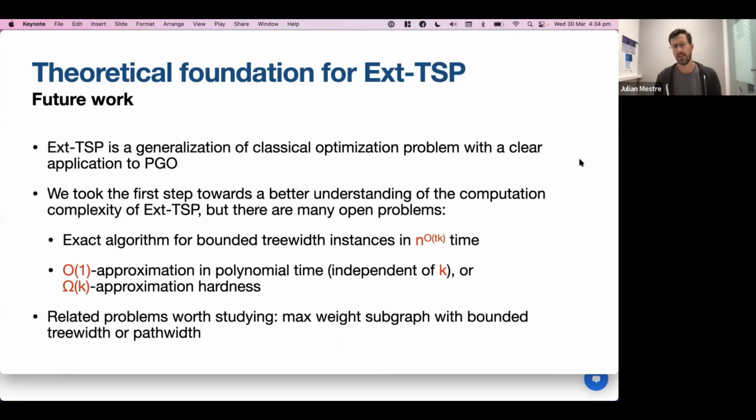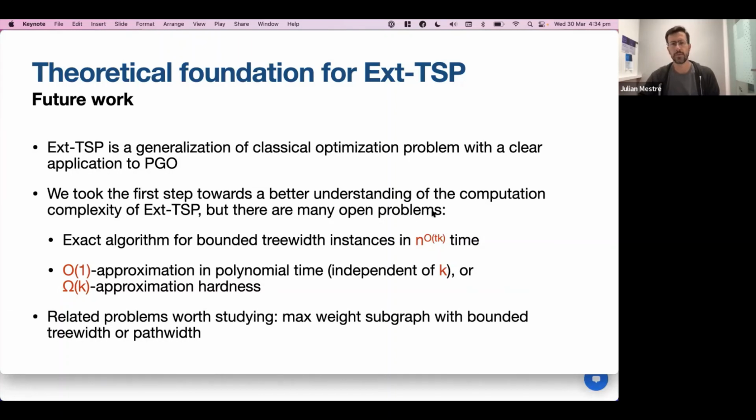But there are lots of problems that remain around Ext-TSP. I'll just name the two that I find most interesting. One is to improve the exact algorithm we have to handle not just trees, but instances with bounded tree width.